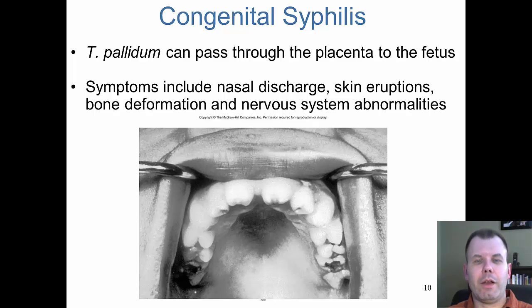They may opt for a cesarean section versus a normal delivery because of the risk of these STDs passing on to the child. So it's medical history and that kind of thing that determines these different things. That gives you an idea of the bacteria that causes syphilis.